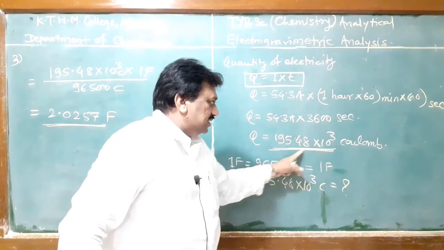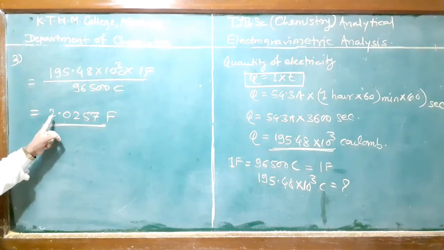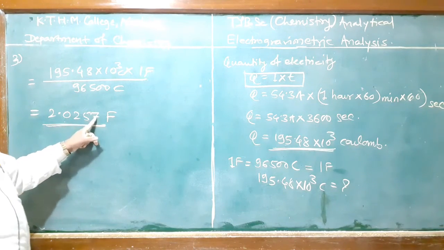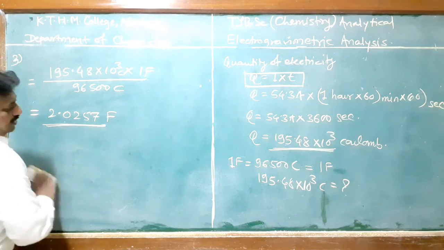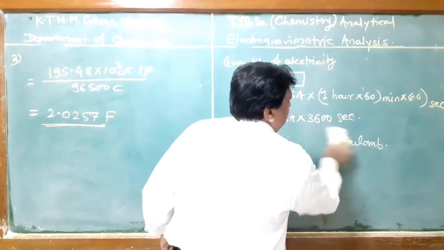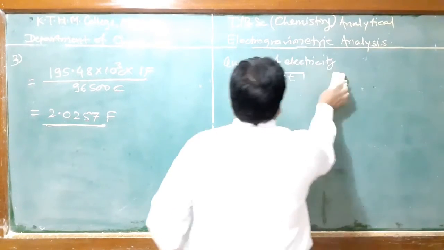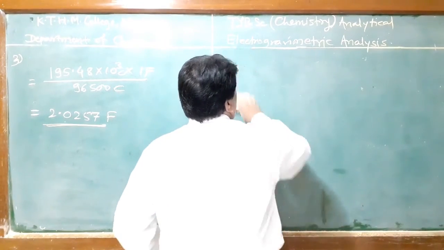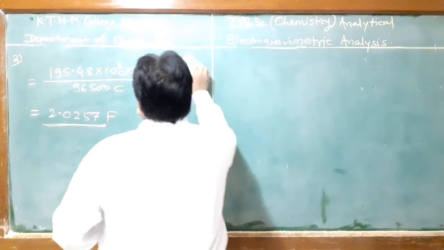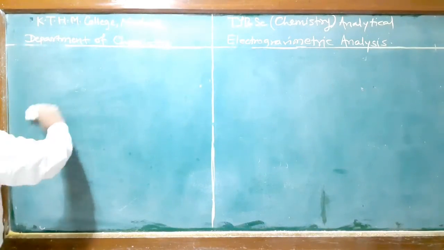And how much is the Faraday associated with this much number of coulomb? And that is equal to 2.0257 Faraday. Here, student, we can find out the quantity of electricity from the current strength and its flow of time. Now, we find out amount of substance liberated when we know the quantity of electricity.